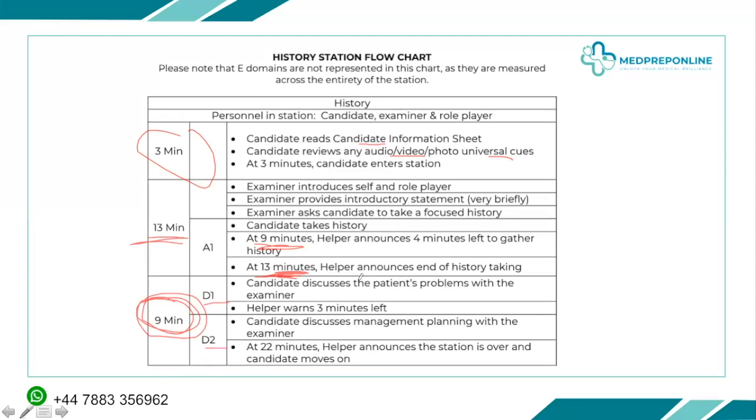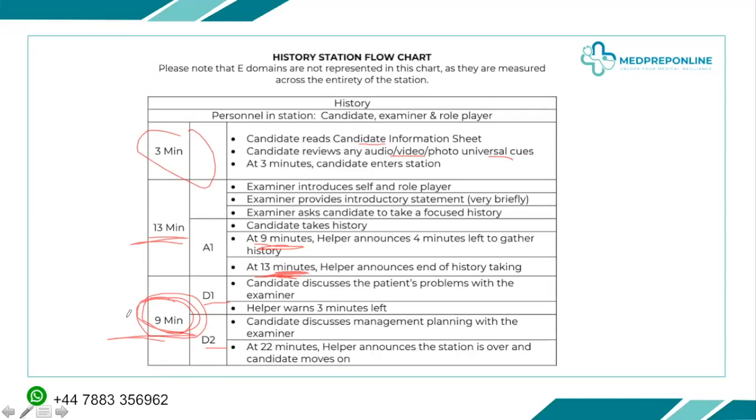D1 is where you will discuss the patient's problems with the examiner, and you will discuss the management planning usually, and they will ask more and more questions there. However, these 9 minutes pass quickly, but they will ask everything: investigation, management, complication, referral, what teams you are going to involve, and then the station will finish.